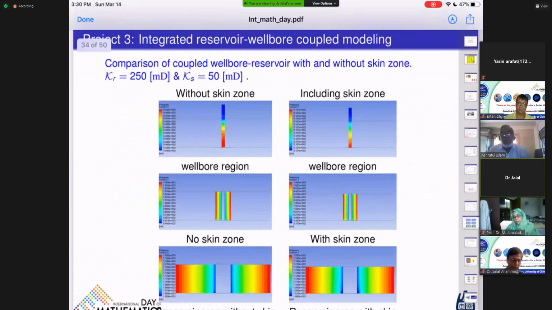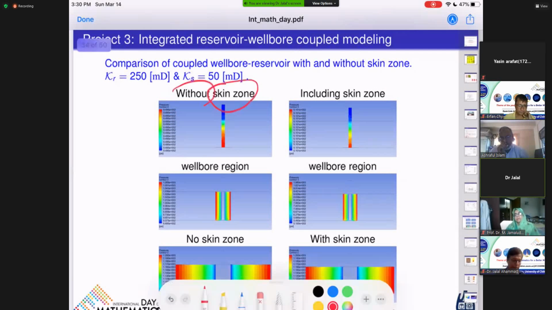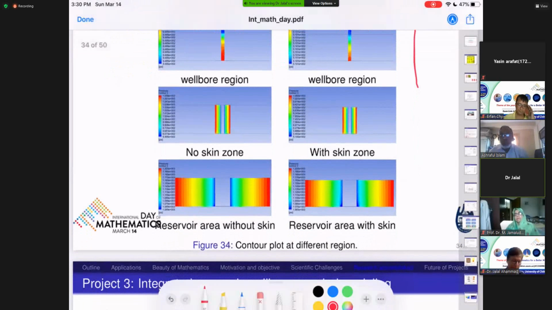So in this figure, we also include different pressure control for the skin zone, without skin and including the skin. How it's affecting the flow using the pressure control plot.